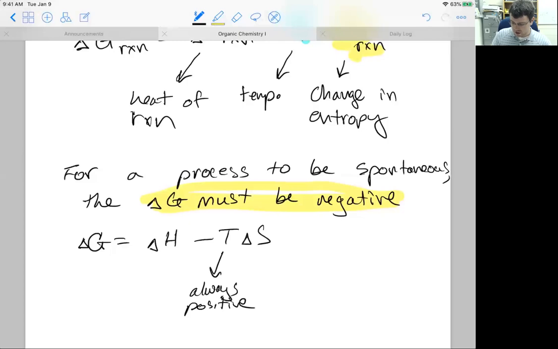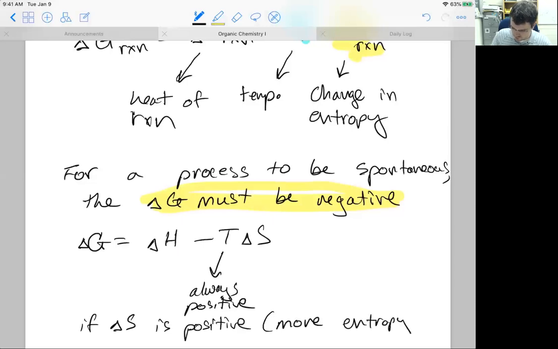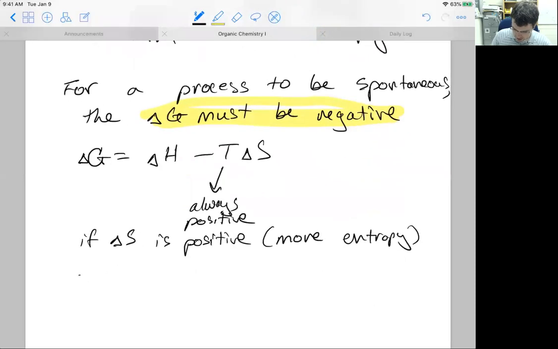Okay, so this is always positive, which means that if delta S is positive, and what that means is we have more entropy, and if delta H is, let's think about it now, negative. So I have a negative term here. Let me point at it for you.